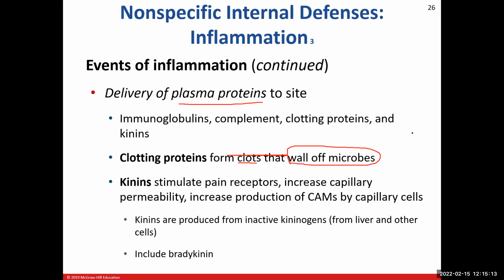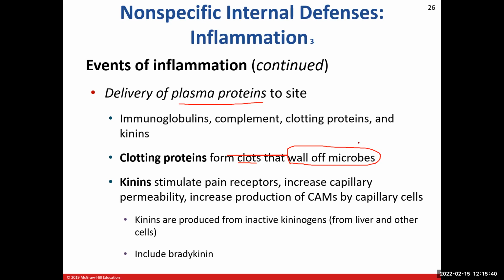So we got our clotting proteins, and they're going to start to clot and prevent the entry of any more microbes from the external environment. We've got to seal off the external environment. It's like in a sci-fi movie, if there's a hole in the side of a spaceship, what do they try to do? They try to stop that hole from causing any more issues. So they try to close it off.